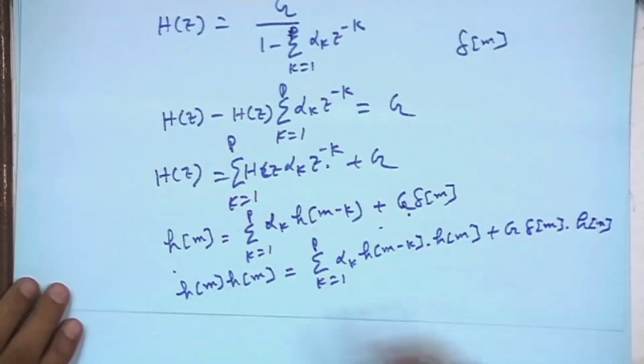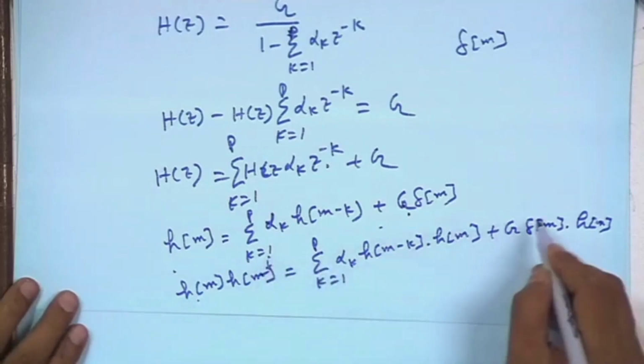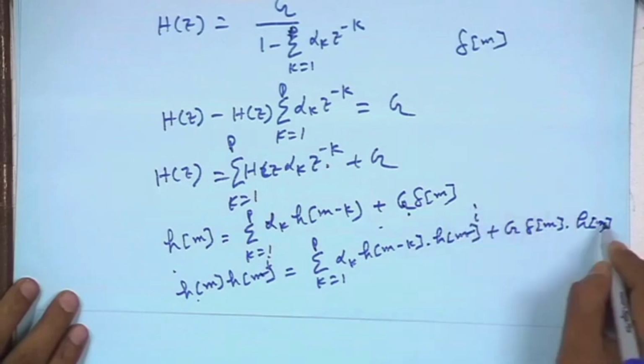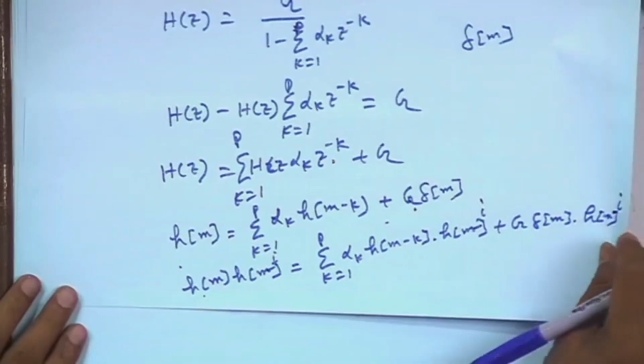Now I multiply both sides by h(m minus i).